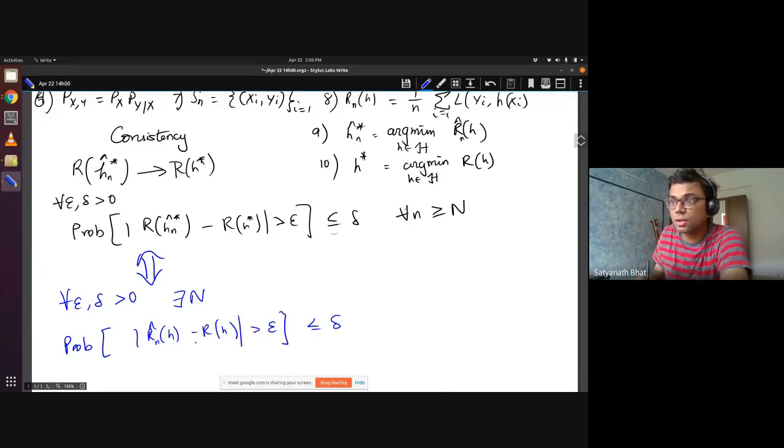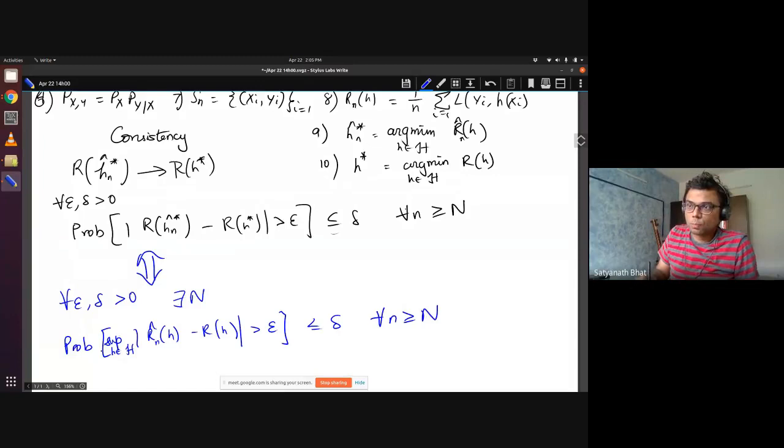This is true for any hypothesis in your bag, so it is independent of that. You're taking the worst hypothesis and seeing if it crosses R of H by more than epsilon; the probability can be bounded by delta, provided you have been given enough samples. Without this supremum, this would have been the weak law of large numbers, but with the supremum, it becomes uniform convergence.